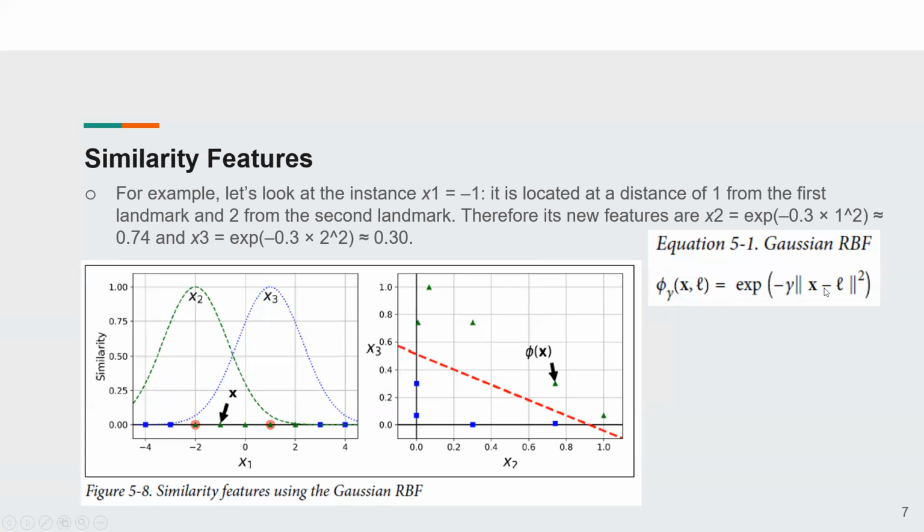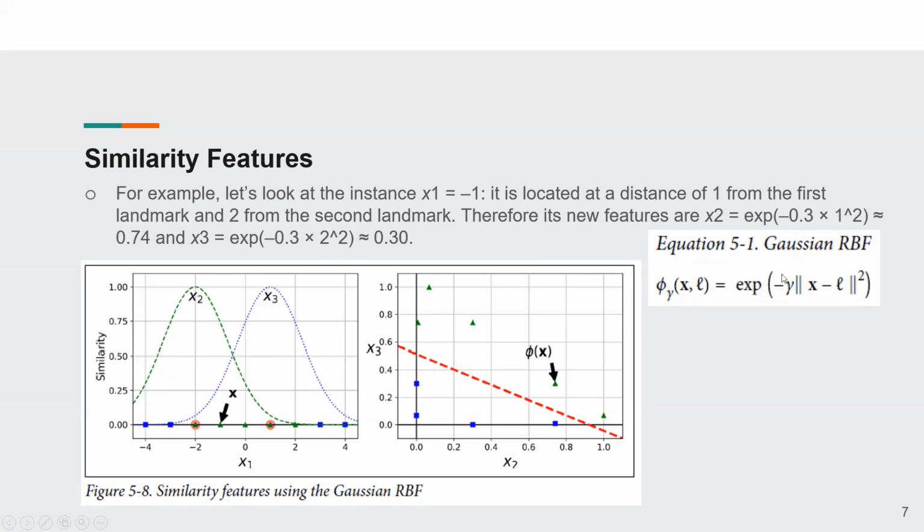With a gamma of 0.3, we can use exponential of -0.3 times 1 squared, because the distance is 1. And for the other one, the distance is 2, so that is 2 squared.